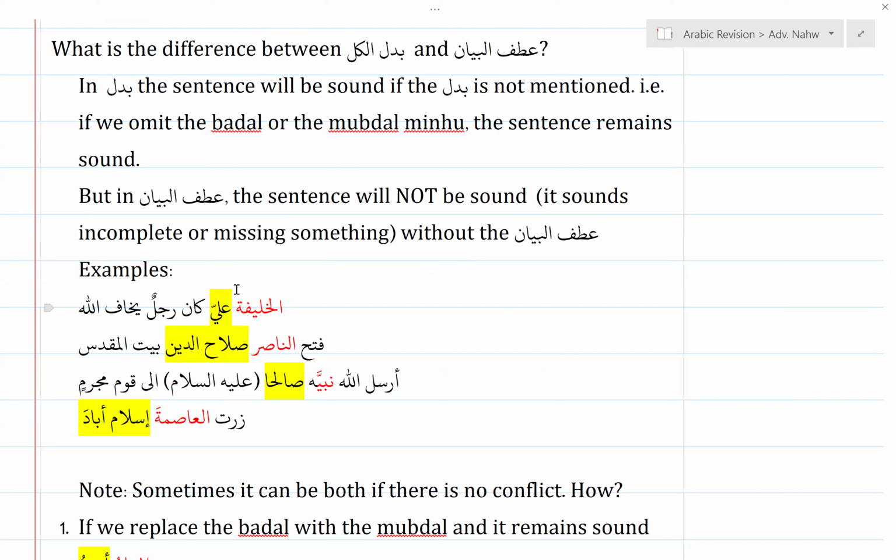But the badal, you can easily replace, like we saw in this example: you can say أرسل الله صالحا. You can replace the badal with the mubdal minhu and you will understand what it means. Also, because we know that Saleh was a prophet, and of course Allah is the one who sent him, in this particular sentence you can have Saleh as both badal and atf bayan. So there's that intricate relationship between them.